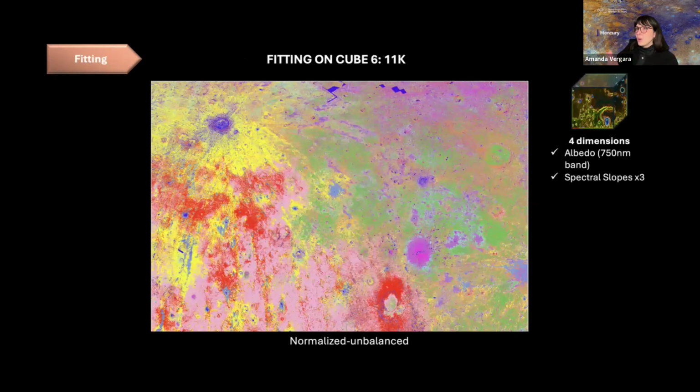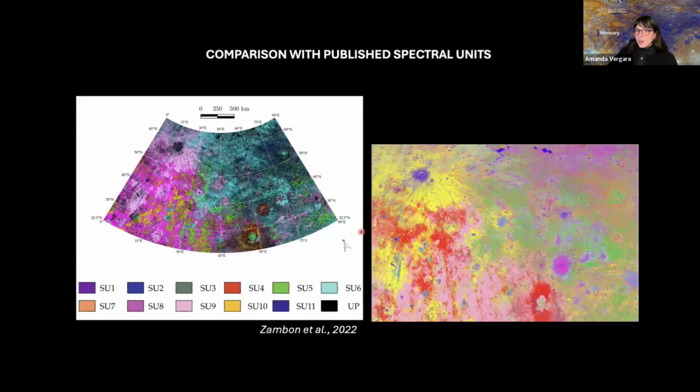In fact, if we go to analyze the fitting of the package that contains just spectral information, we see a whole other picture. We know that we cannot compare this information with the geological map because they are different things. But we can, of course, compare this map with a map of the spectral units.